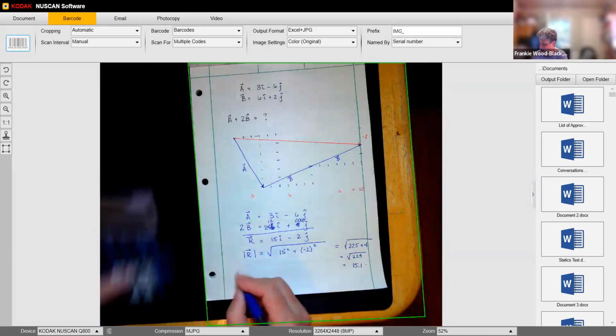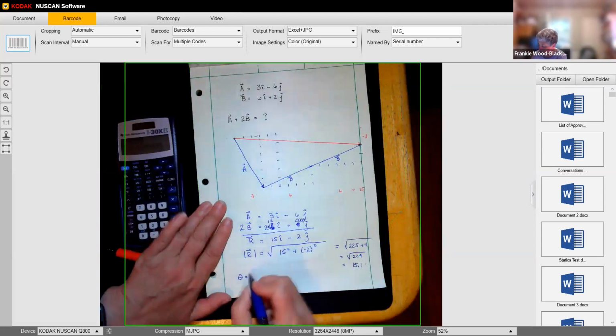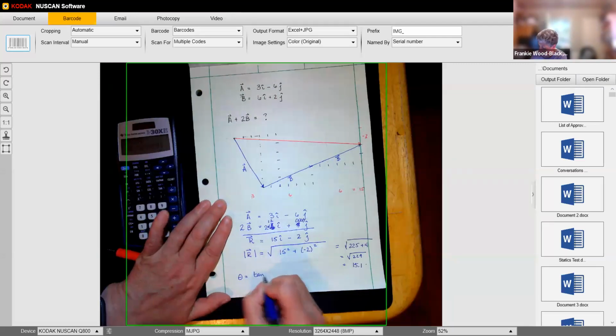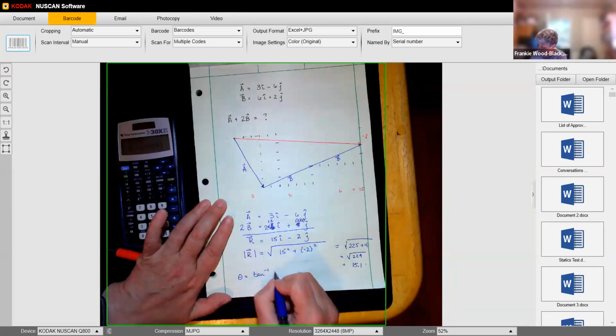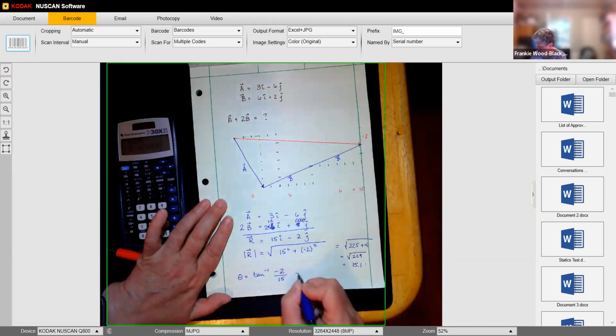So that's 15.1, and my angle would be the arc tangent of minus 2 divided by 15.